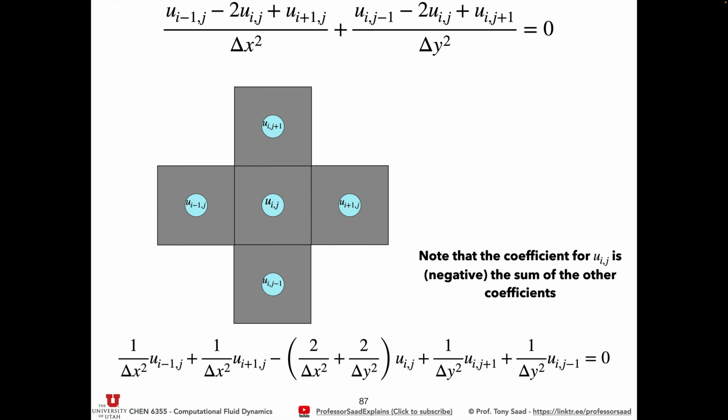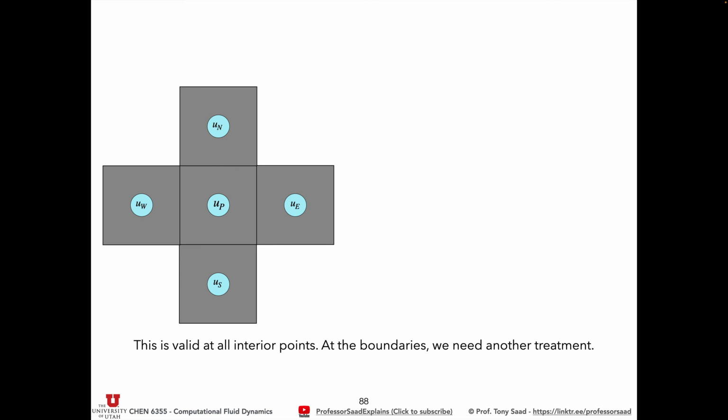And note that the coefficient of Uij for all interior points is simply the negative of the sum of all the other coefficients: minus 1 over delta x squared, minus 1 over delta x squared, minus 1 over delta y squared, minus 1 over delta y squared. And if you recall, for simplicity, we use the notation east, west, north, and south, and P for the point in question.